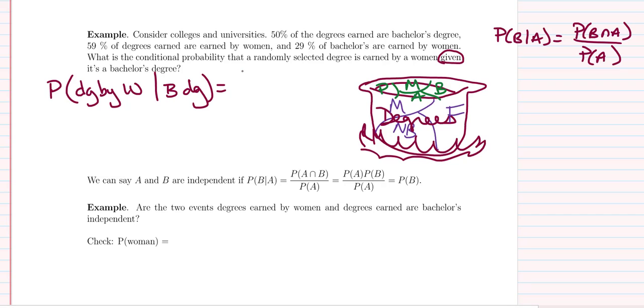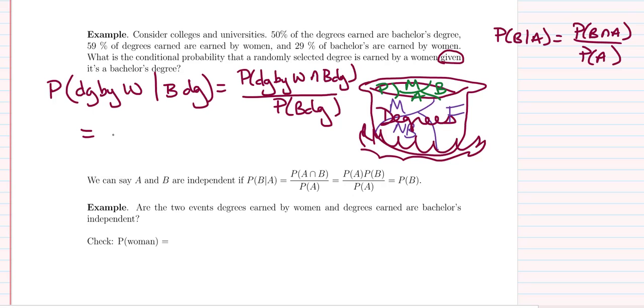So that's equal to the probability that the degree earned by a woman and it's a bachelor's degree, over the probability that it's a bachelor's degree. Okay, so since we have percentages, we could just take advantage of that and turn those into probabilities. So the probability that a randomly selected degree is a bachelor's degree, we know is 0.5.